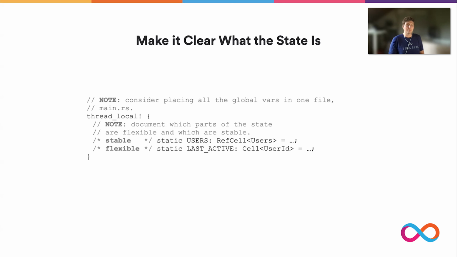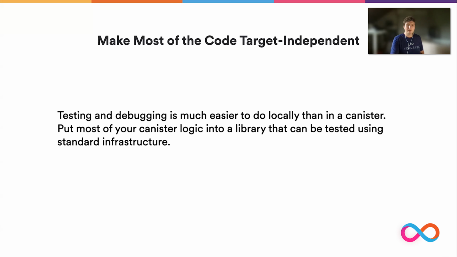My experience is that testing and debugging is so much easier if you do it using the standard Rust toolchain. And the easiest way to achieve this is to write most of your code as if it's a library, and the library doesn't care much if it's used in a canister or not.